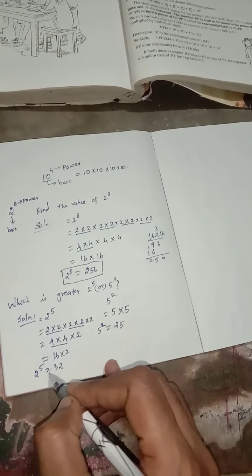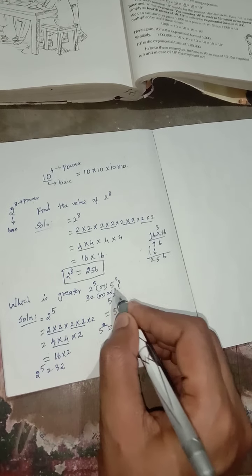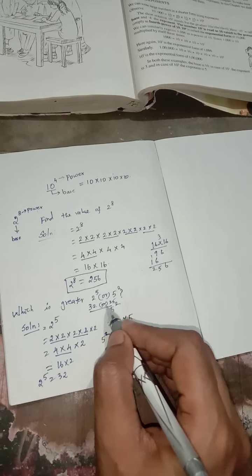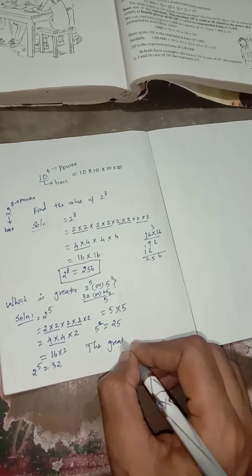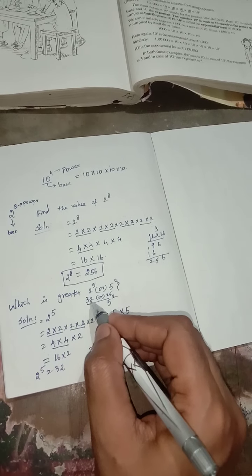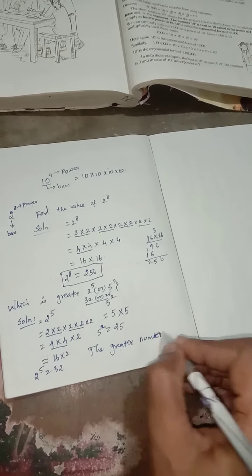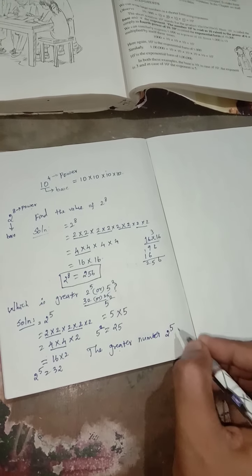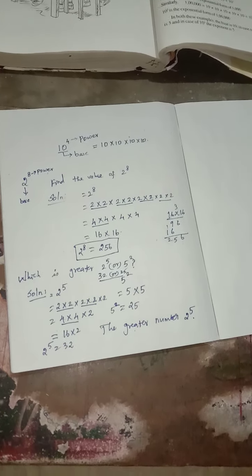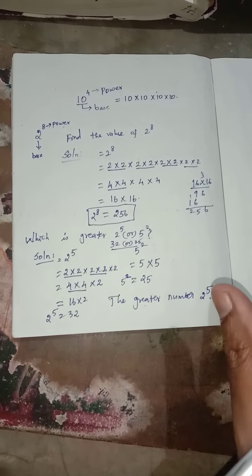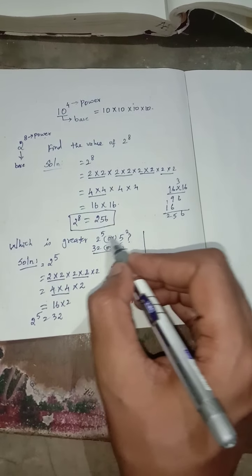Now, what is the value of this? The value of this is 32 and the value of 5 square is 25. In this, which is greater? The greater value is 32. That is, the actual value of 32 is 2 power 5. This is the actual procedure which we want to follow. Or otherwise, one shortcut I told you, no? The shortcut is to check the power.